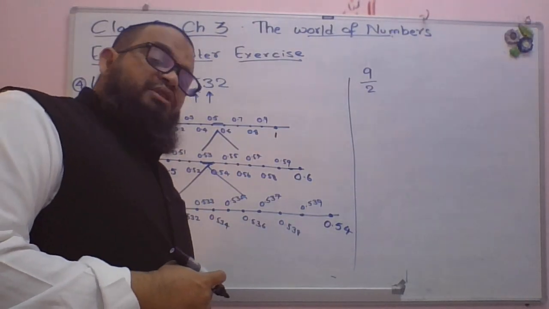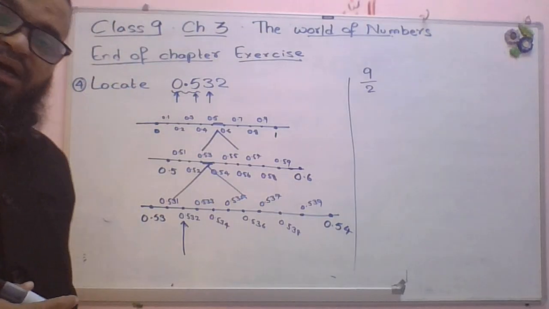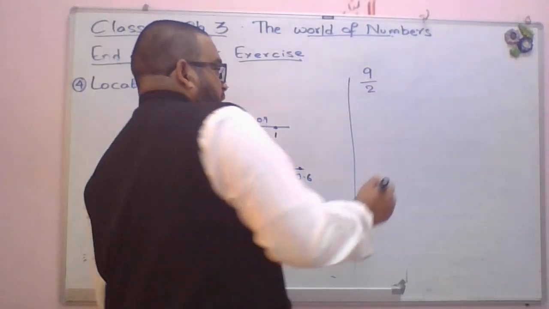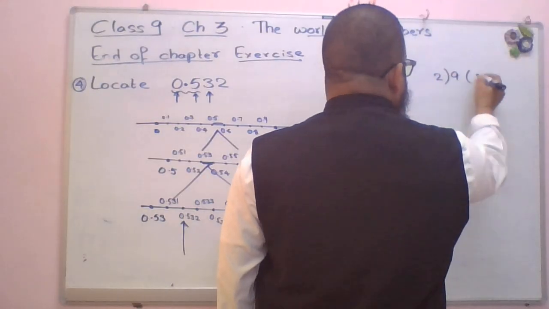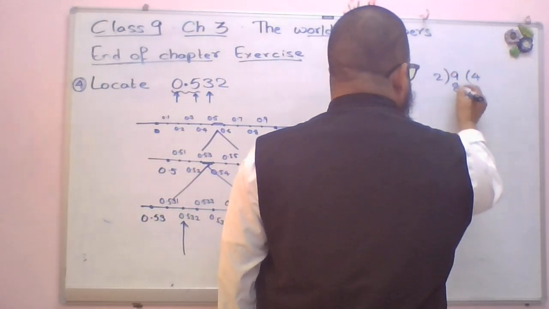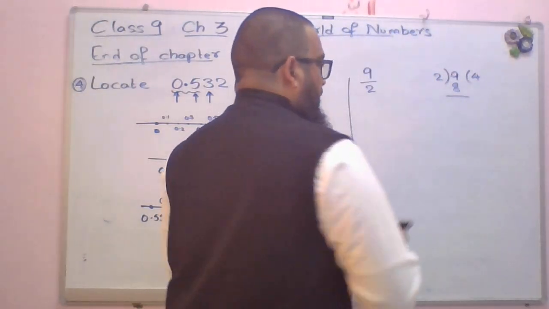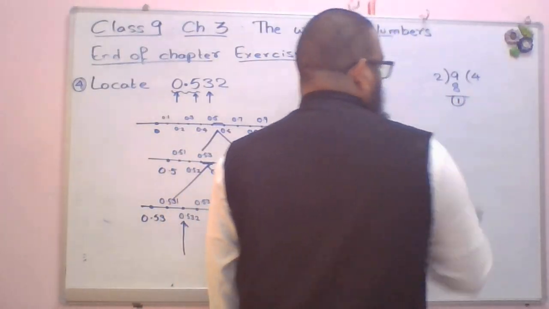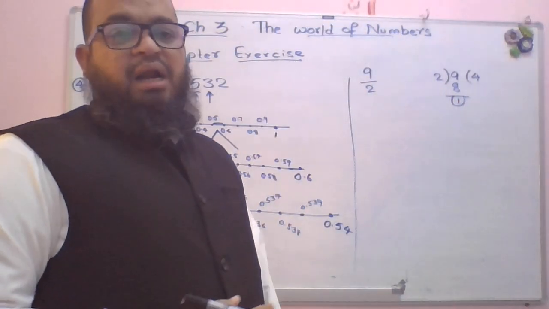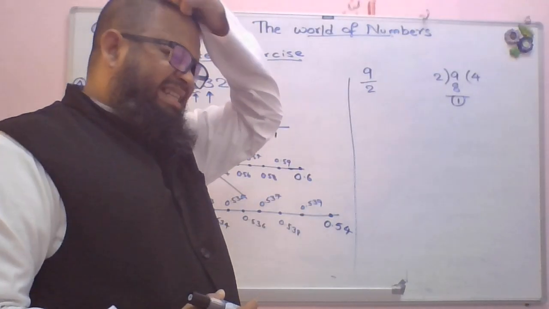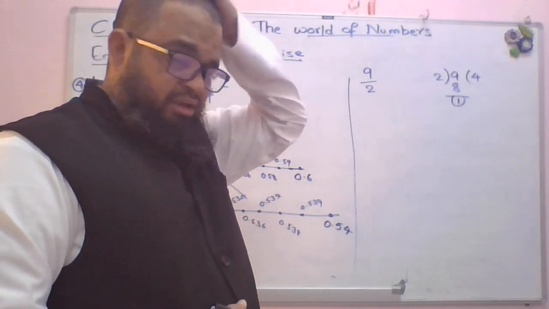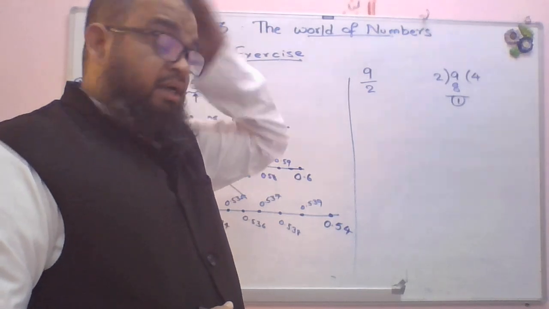Let us first find the decimal part of it. When you divide by 2, 2 4s are 8, and 1 is the remainder. If you have denominators like 2 or 5, then you will get a terminating decimal.